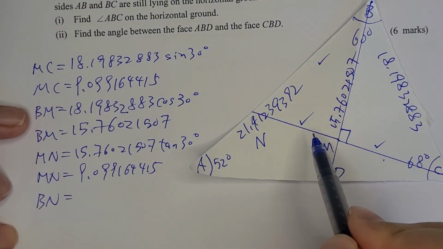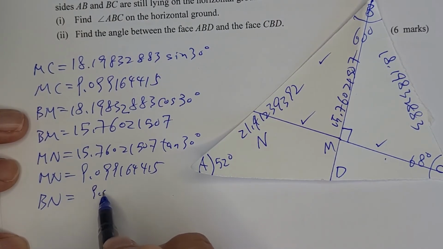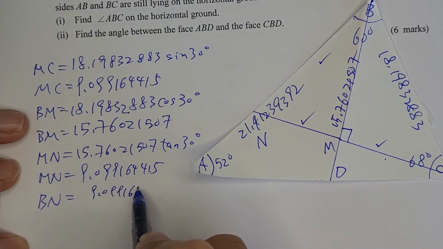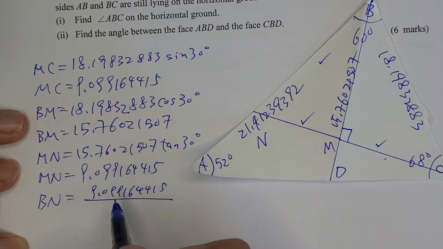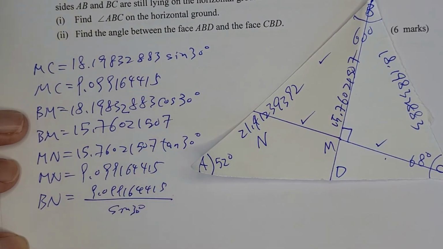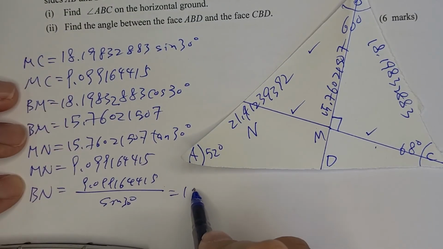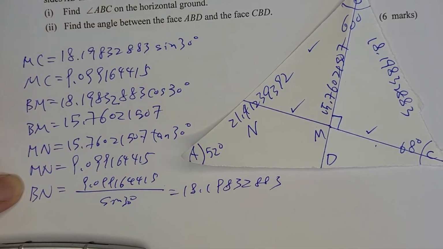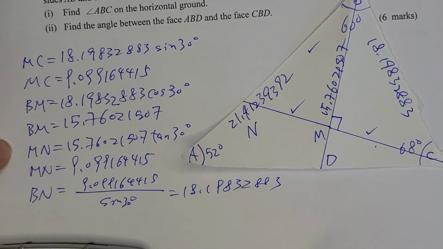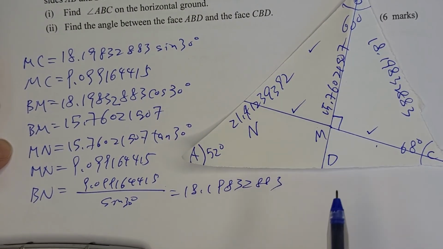That is 9.099164415 divided by sine 30, so that is 18.19832. So you can find all these lengths by using trigonometry or plane geometry. These two triangles are congruent actually.